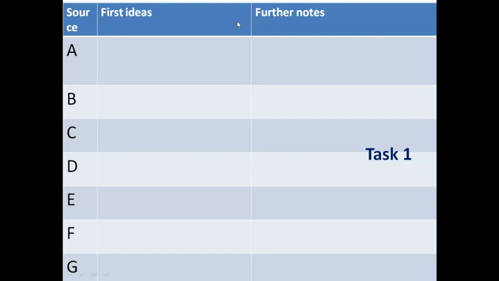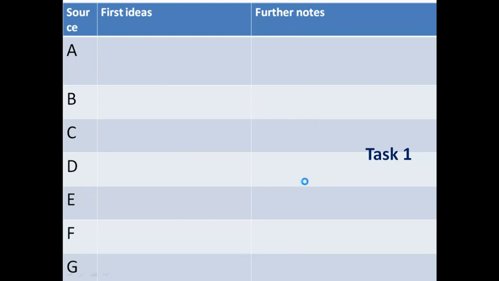Then I'm going to go through the sources again, and you're going to write anything extra in your further notes. Remember this bit, I like hearing what your first ideas are, because I think you're very good at observing things. And this is a good skill to practice. So do that bit before we go through the sources together.